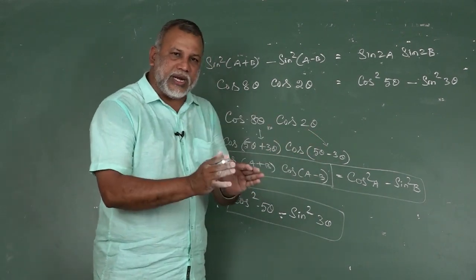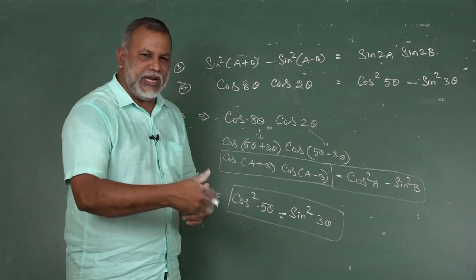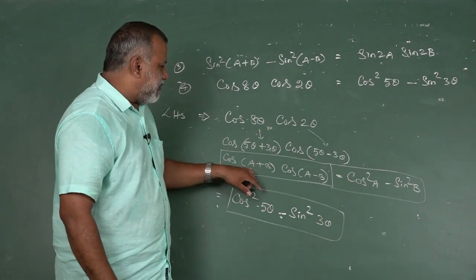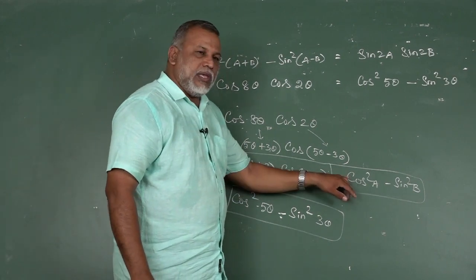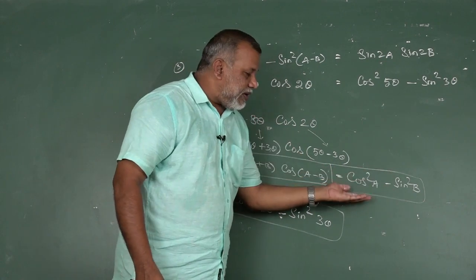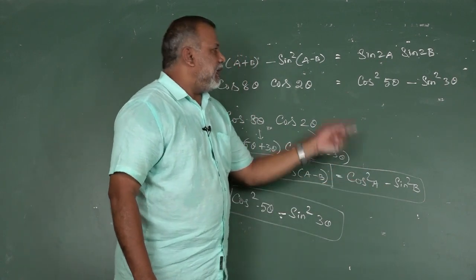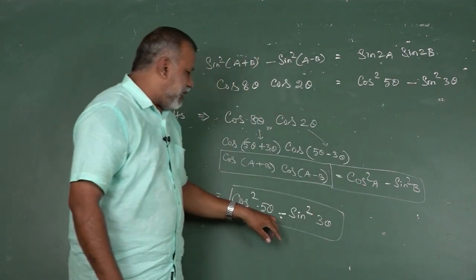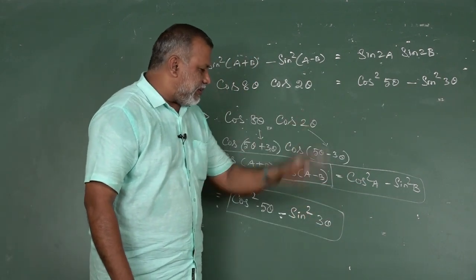That is the knowledge you require. By practicing every day, you can get every base knowledge. Cos of a plus b, cos of a minus b. Just now we proved cos squared a minus sin squared b. So we have two proofs. Select the first one, because it depends upon the proof: cos squared a minus sin squared b. A is replaced by 5 theta, then b is replaced by 3 theta.